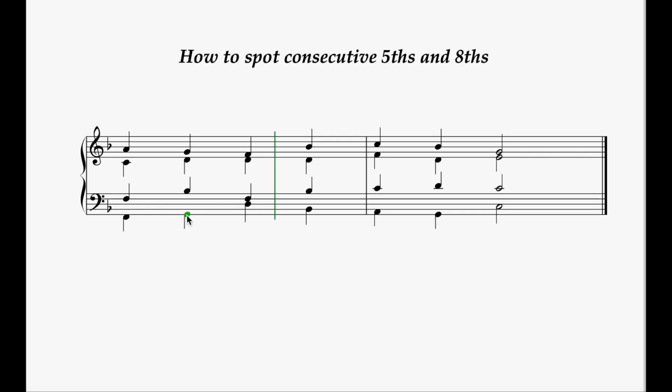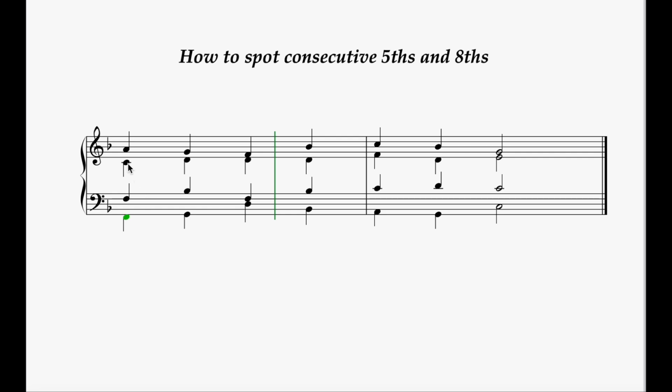Were any two of them the same? Yes. The alto stepped up a second, and the bass voice also stepped up a second. Now that doesn't mean that it's wrong, but what is the interval distance between the bass voice and the alto voice? If they're a fifth or an octave apart, we're in trouble. So let's check.